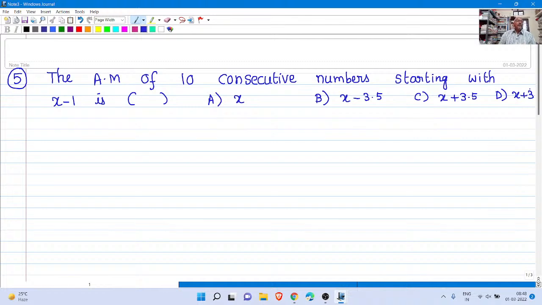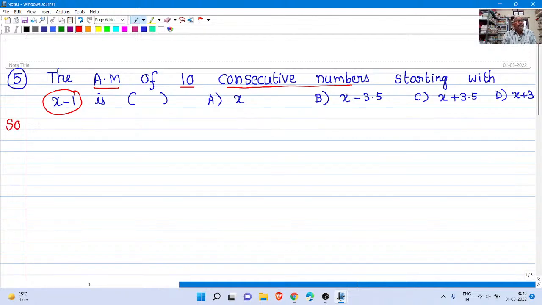So there are 10 consecutive numbers, and you are asked to find the arithmetic mean, or average.